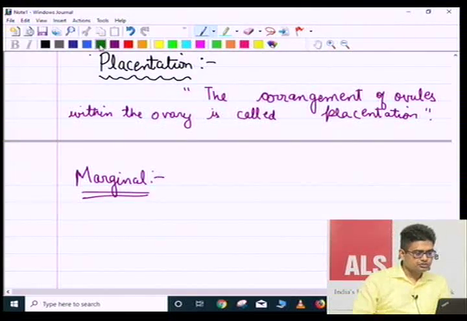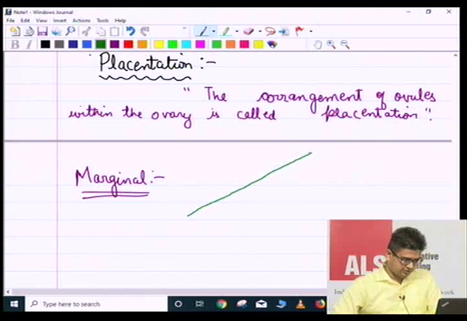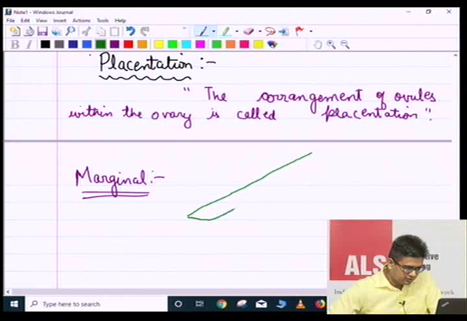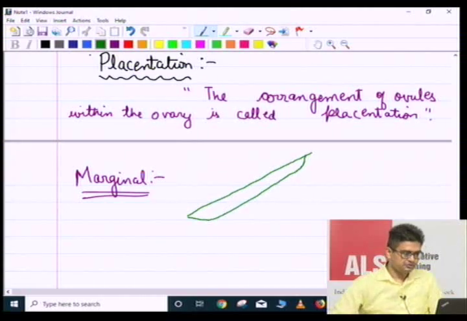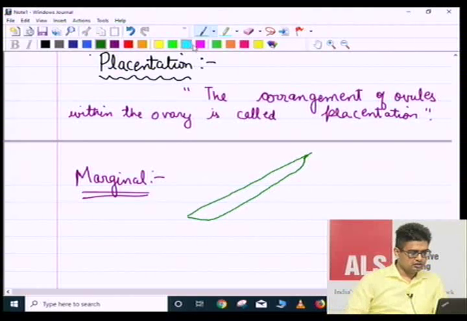In marginal placentation, let's take this example of pea, and all the ovules are arranged like this in pea, on the margins in non-overlapping fashion.